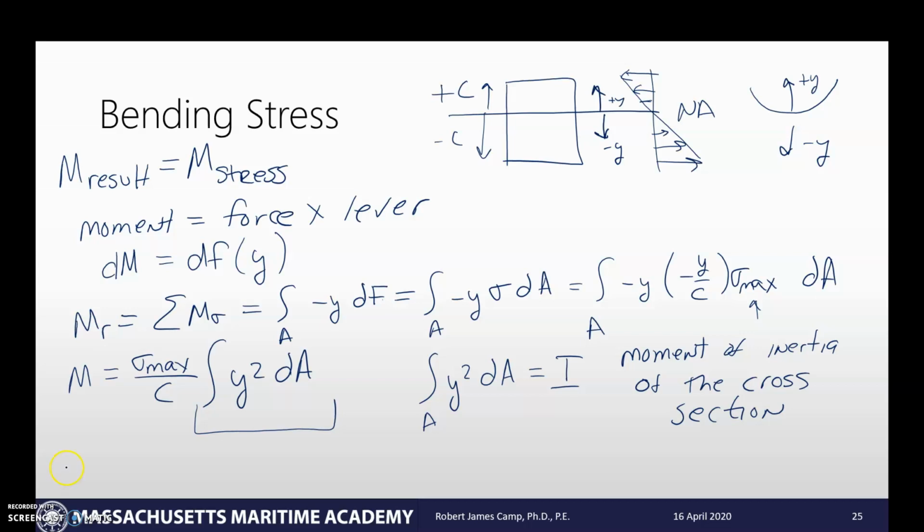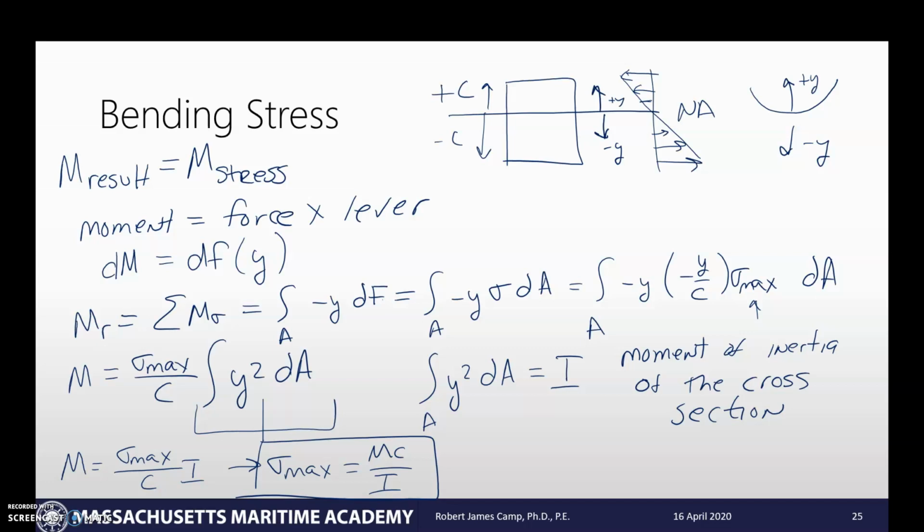And so that moment is going to be the maximum stress over C times I, which will typically be written as the stress max is going to be equal to MC over I. And we'll box this because this is an important equation. This is what's called the Flexure formula. Well, this is one of the two Flexure formulas.